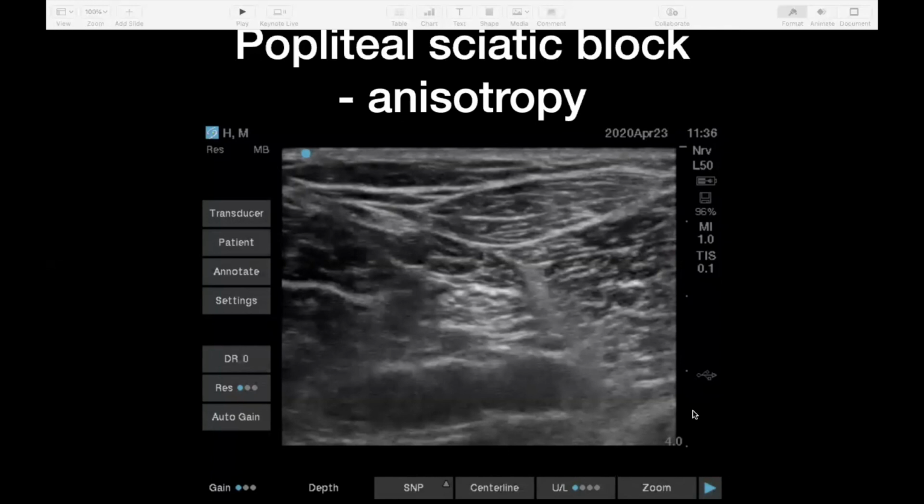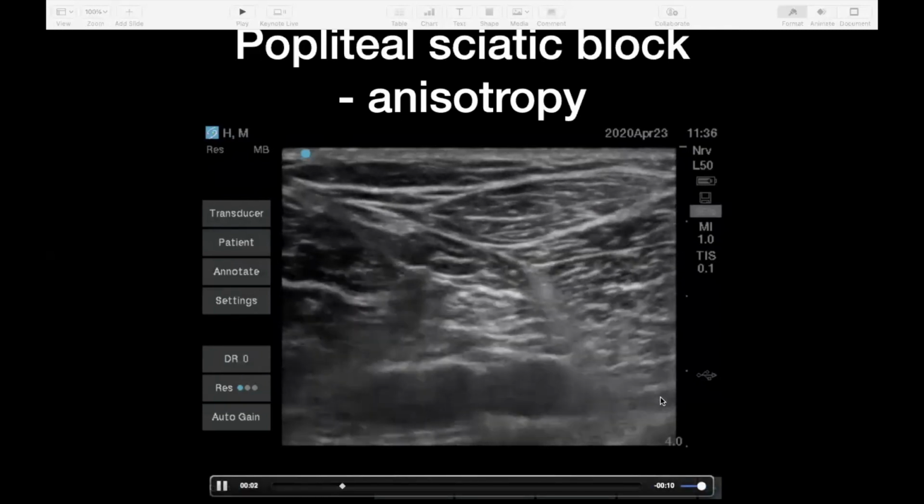You want to hit the nerve at right angles, so all the beams bounce back to the probe and you pick up a nice crisp image. If you put the probe at right angles to the skin, you're at quite an angle to the nerve, so the ultrasound beams are deflected off at an angle and don't necessarily come back to the probe. So you can be scanning directly over the nerve, but not get a good picture.